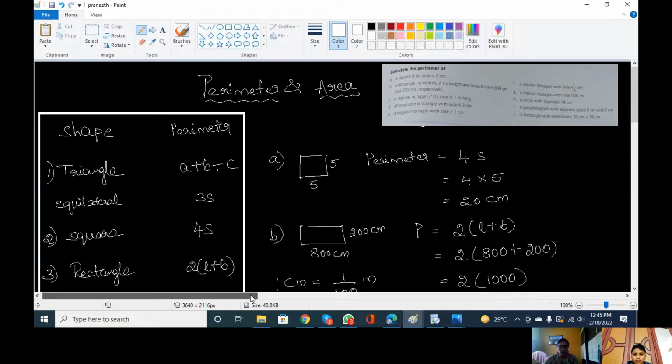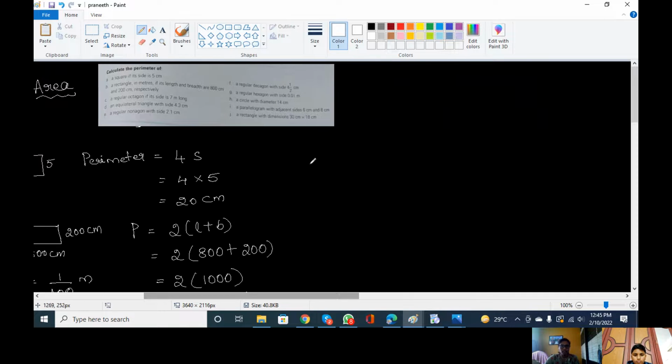Next, coming to the next question. C bit. A regular octagon, if its side is 7 meters long. Do you know how many sides an octagon has? 8 sides. Octagon has 8 sides. Very good. So each side is here 7 meters long.